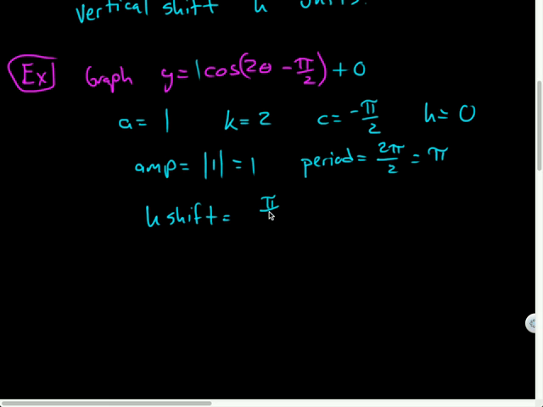Pi over 2 divided by 2. So that will end up being pi over 4 is the horizontal shift, because I have to take the C and divide by K to figure out the horizontal shift. And is this shifting to the left or to the right?